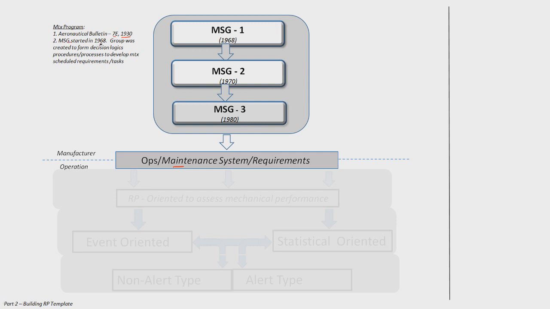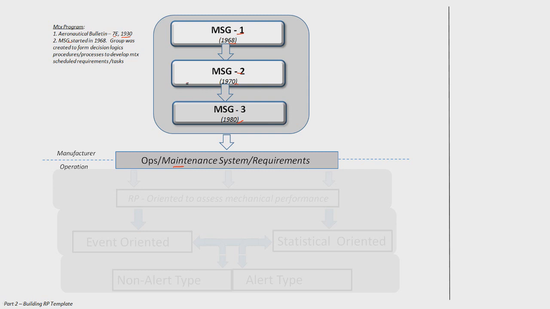The group was created to form decision logics, procedures, processes to develop maintenance scheduled requirements, tasks. So far, as you can see, there are 3 revisions of the decision logics algorithm. Revision 1, MSG1, was issued in 1968, MSG2 in 1970, and MSG3 in 1980.